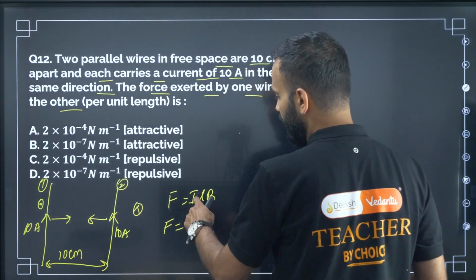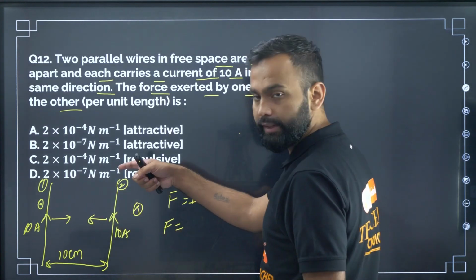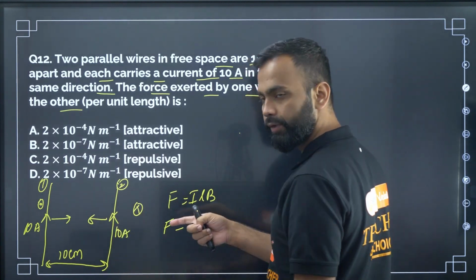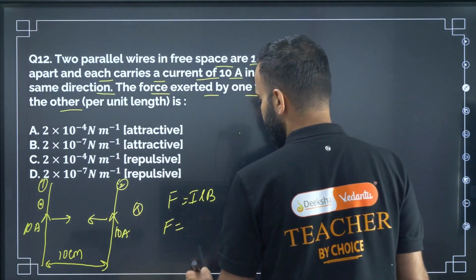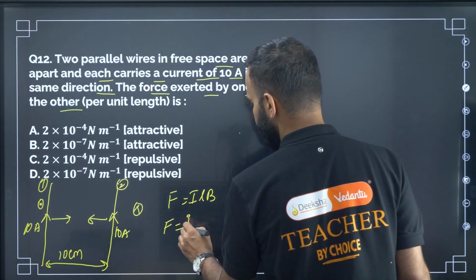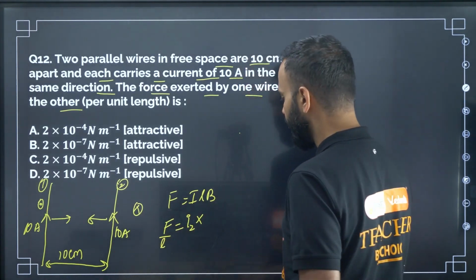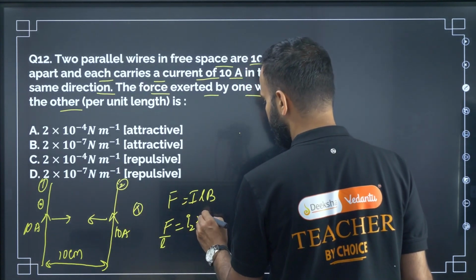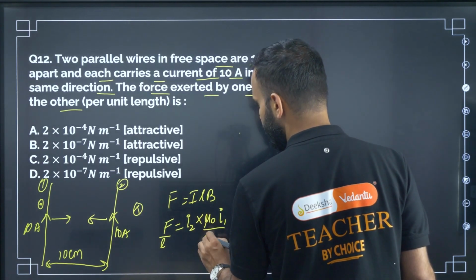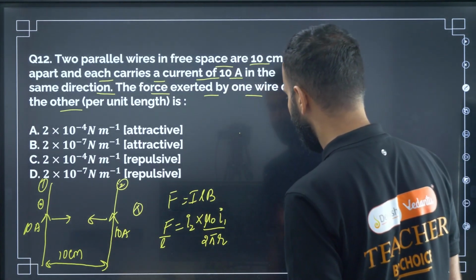The value of the force is the same either way. Now F equal to I2 into L, so I will take L here, F by L equal to I2 into B, where B is the field due to the first wire, mu naught into I1 divided by 2 pi r.